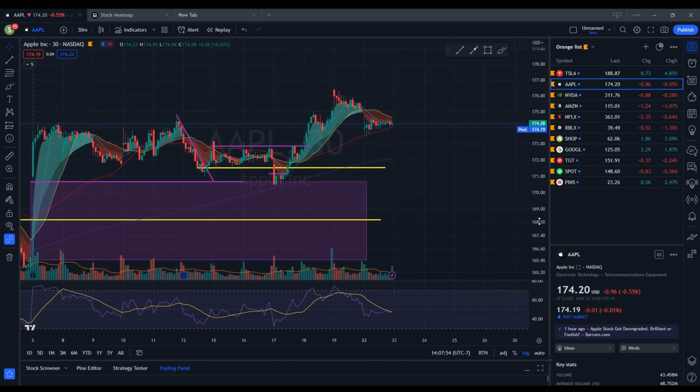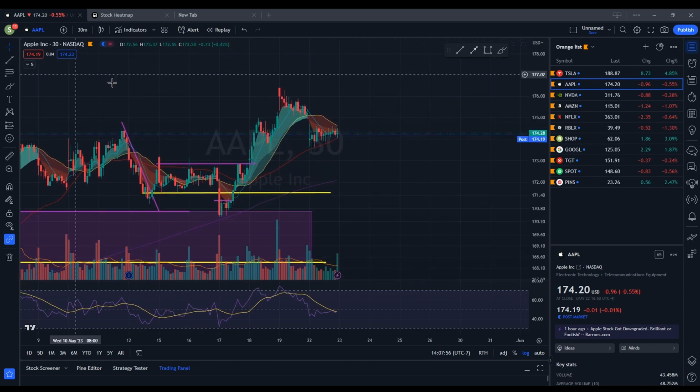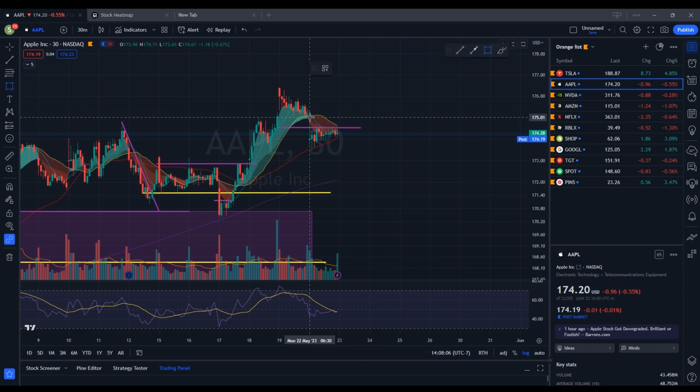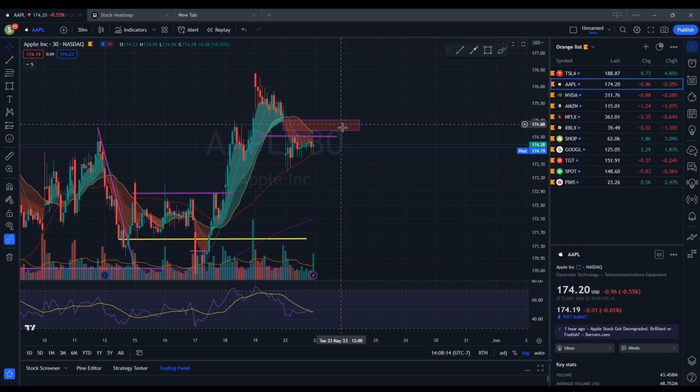For Apple here, it looks like there's a little resistance here. There is a small little gap fill. It's nothing too big, where Apple would finally just fill this gap within one candle, I think.